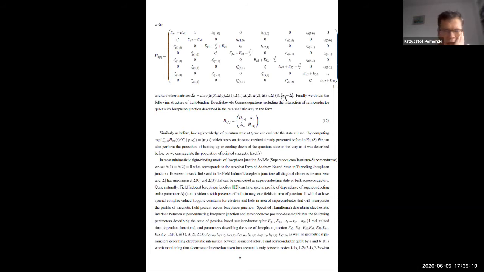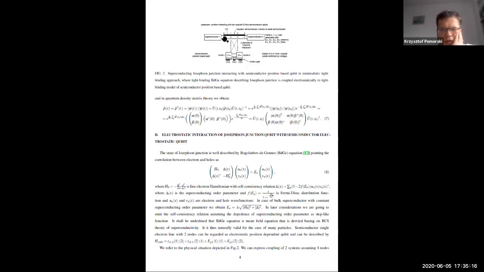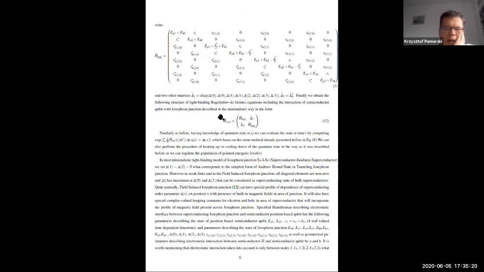In this way, we can encode the presence of the superconducting order parameter at all these points 0, 1, 2, 3, right? This is very nice because we have a model that can describe both a tunneling Josephson junction interacting with a single electron qubit, or a weak link, or something in between.